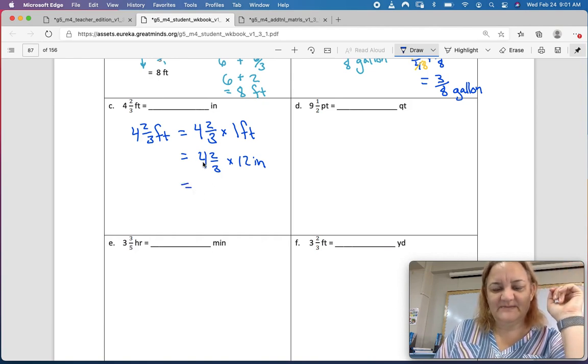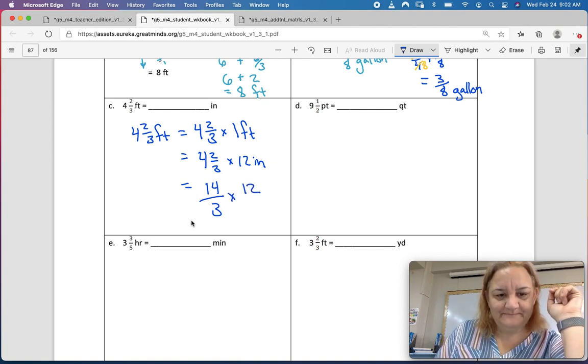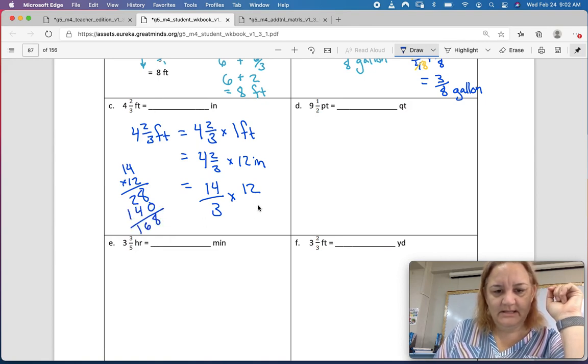3 times 4 is 12, plus 2 is 14, over 3 times 12. And now we've got 14 times 12. 8 and 2, carry the 0, 4 and 1 is 8, 6, 1.